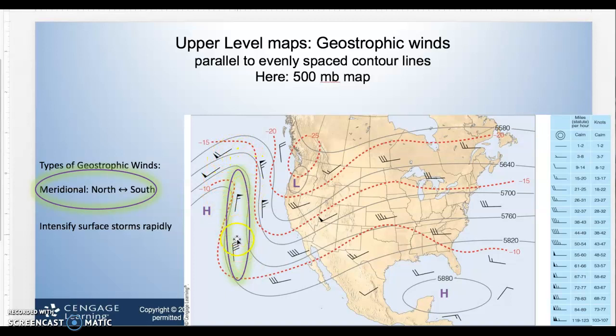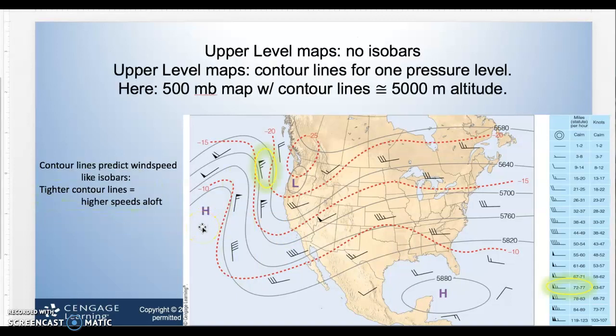When I see these meridional winds, I am wondering about storm formation across the country. In addition, these contour lines can predict wind speed much like the isobar lines predicted wind speeds.